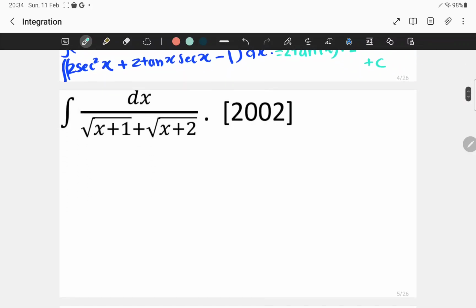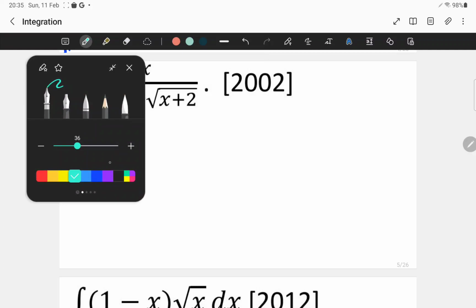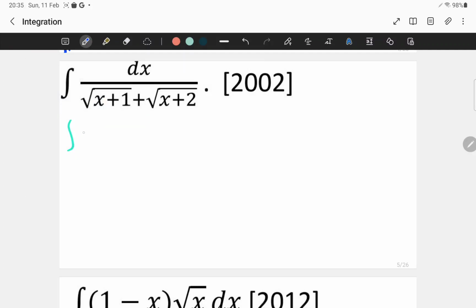Now let us solve the next problem. x plus 1 plus root of x plus 2. So here also we will use rationalization. If I rationalize, I have to multiply numerator and denominator by, one time plus already is there, so minus.